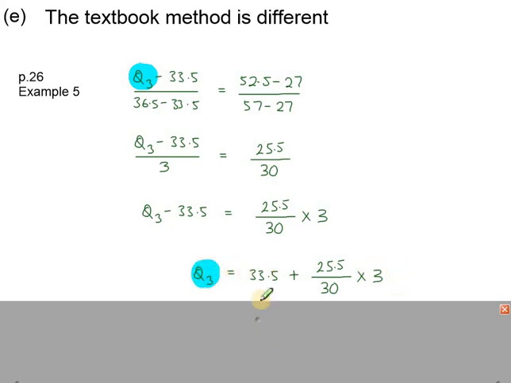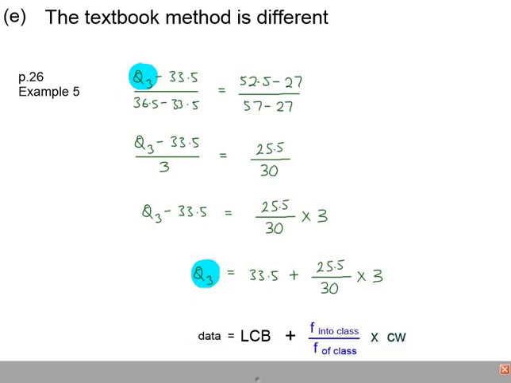And if you compare the layout or the structure of the equation here, it's the same as the interpolation formula that I've been using. And if you're looking at the textbook example, you'll see that the lower class boundary is 33.5. The frequency into the class was 25.5, the frequency of the class is 30, and the class width is 3.